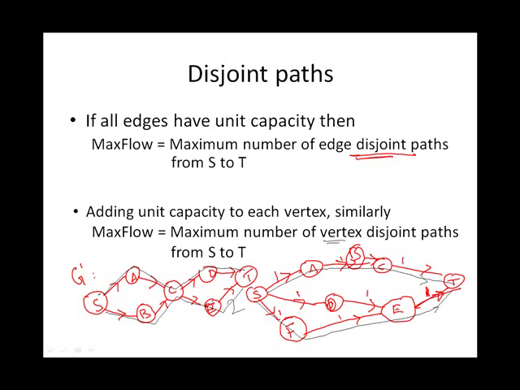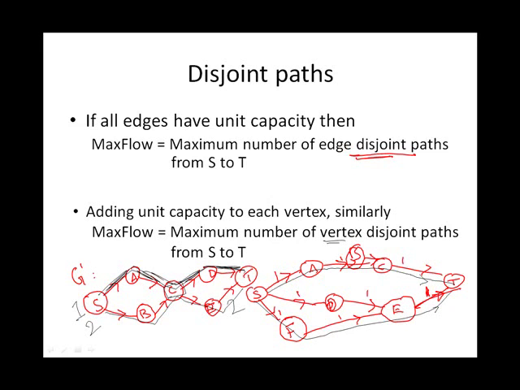So once we have a path S, A, C, D, and T, we cannot now take the path S, B, C, E, T because the vertex C has been used already. So there is only one vertex disjoint path in this graph, and there are two edge disjoint paths in this graph. Okay.